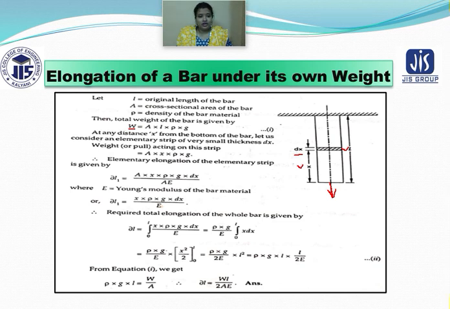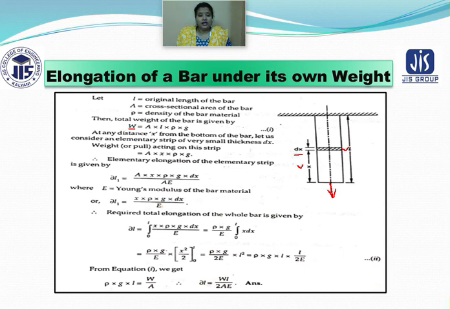Your formula is the same: A, the cross sectional area of the bar, into the distance x that you have considered for that elementary strip. So area into distance x into rho, the density, into g, the gravitational pull.